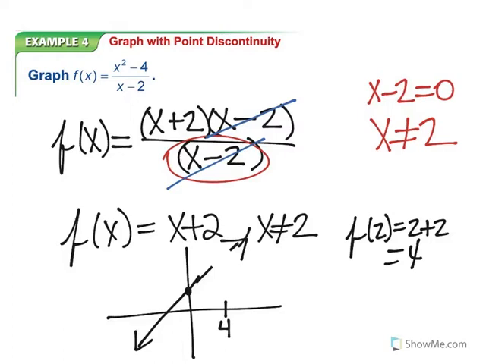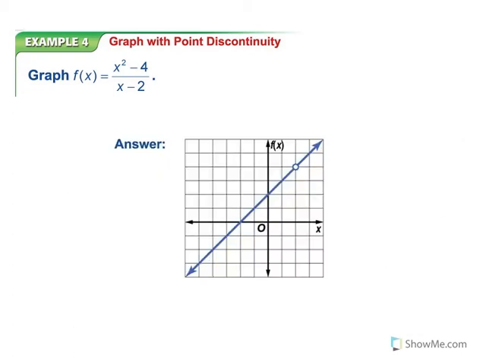So this is at 4, and we have our hole, and that would be our point, our removable discontinuity, or point discontinuity. Okay. And the actual nice graph that you might or might not get on your calculator looks like this.